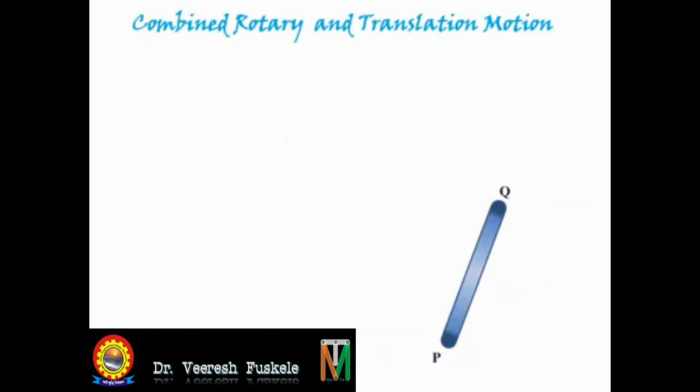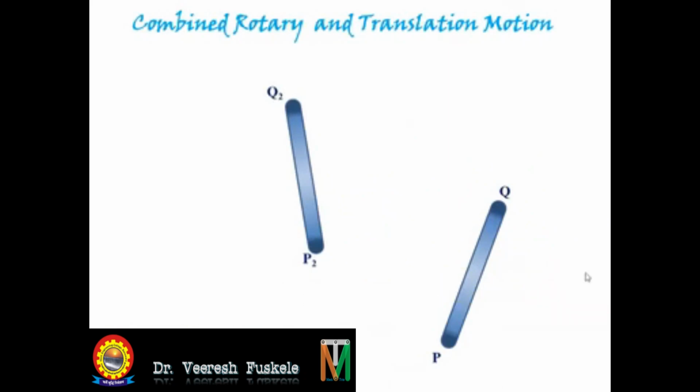Suppose there is a link PQ, and suppose this is having first translatory motion like this and then rotary motion like this. So it will reach the position P2Q2 in this way, or it can be vice versa also. It can first rotate and then translate. So basically this can be understood that the general motion of the link in a planar mechanism is generally of combined type, that is combination of rotary and translatory motion.